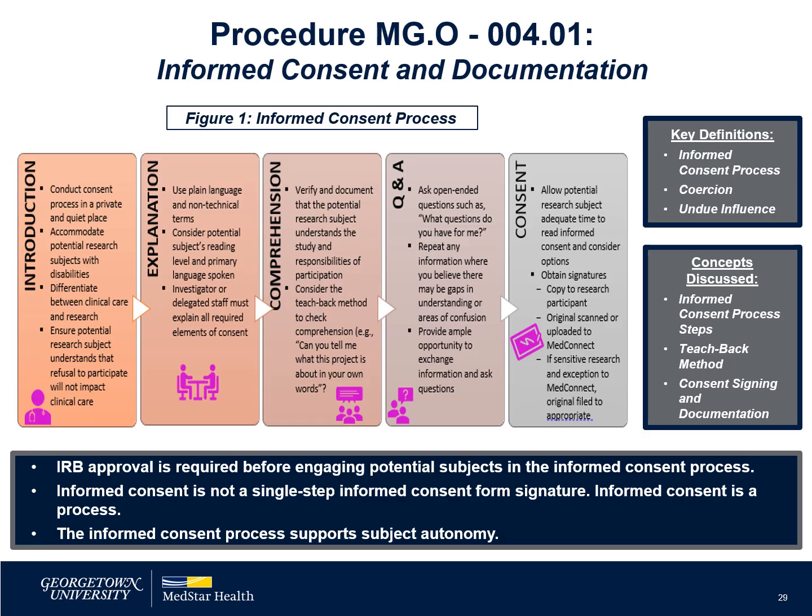Completing each step thoroughly is important to ensuring potential subject autonomy. Throughout this video, guidance was provided for how to interact and engage subjects, such as comprehension checks using the teach-back method. Finally, consent signing and documentation requirements were discussed.